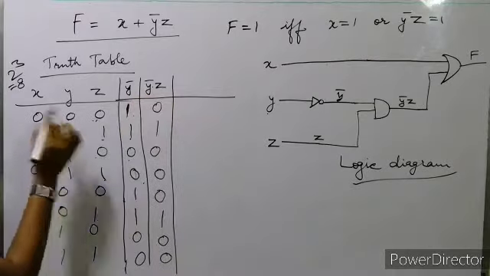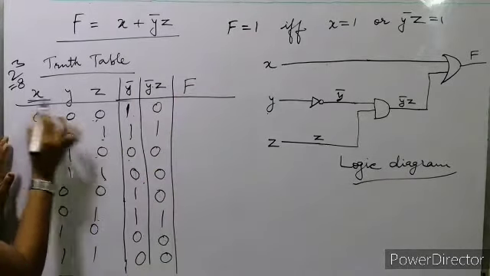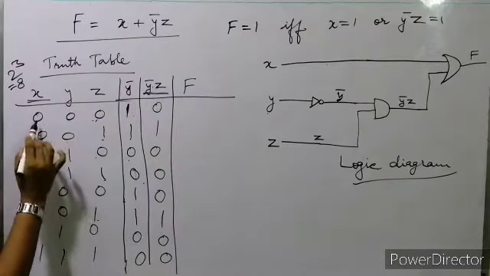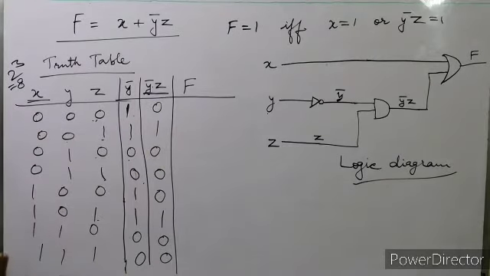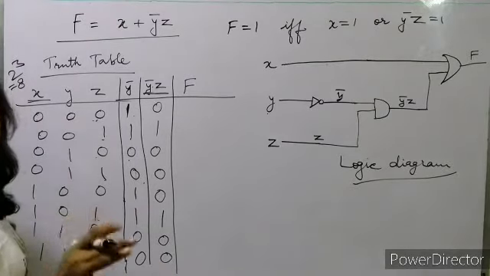Now x we will add to this, so we'll get f. What will it be? This one and this one we have to add. When we are adding, if both the inputs are 0, then only we'll get 0, otherwise we'll get 1, because logical addition means logical OR operator.